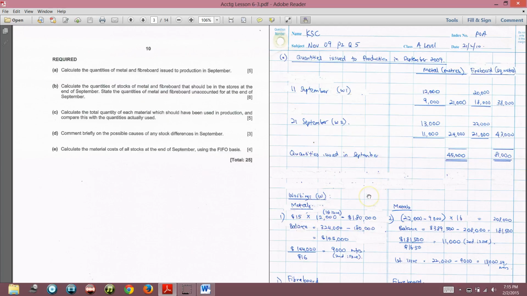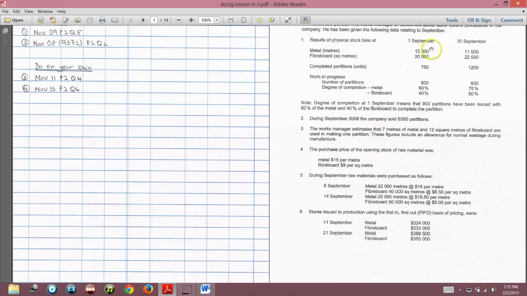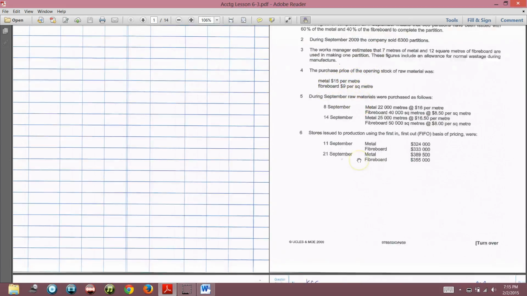You see the opening stock, that means at 1st September, the opening stock of metal is 12,000. Have your question paper in front of you. The price per unit for the opening stock of metal is $15 per meter.